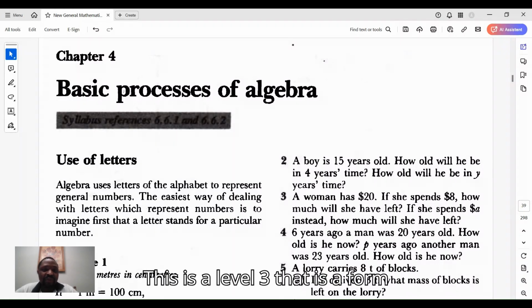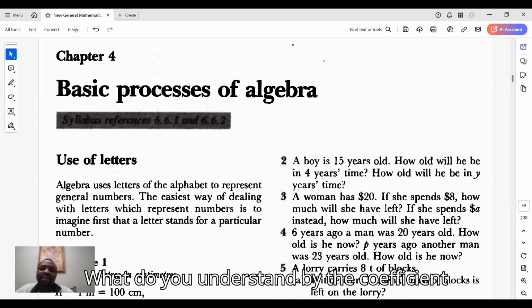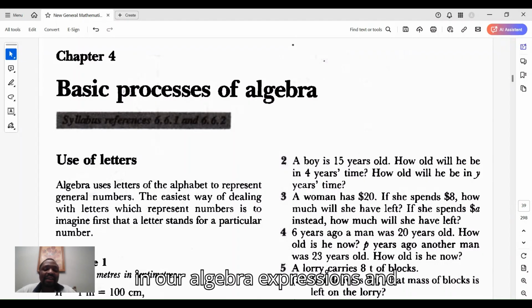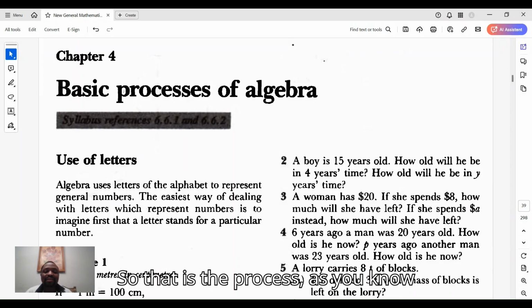This is a level 3, that is, form 3 material, where we are supposed to understand clearly what we call a coefficient in our algebra expression, what you understand by the coefficient in algebra expressions, and also how to use letters in the way we form our algebra expressions. So that is the process.